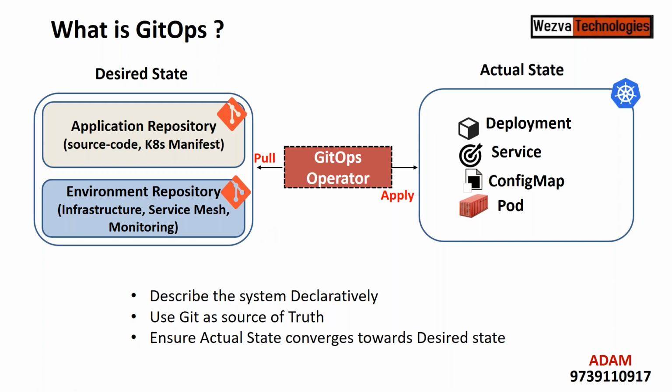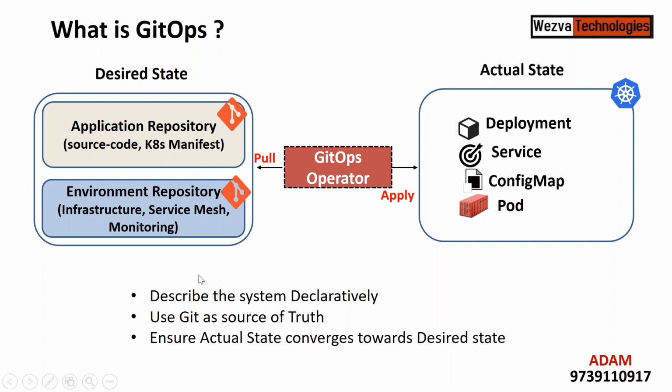So how does it solve all the previous problems? First, when you write your CI pipeline, you generate the artifact, like a Docker image, and store it in the registry. For your deployment, whatever manifests you need for Kubernetes and the supporting configuration files, you put into a particular application repository.